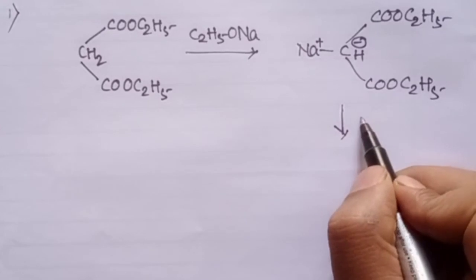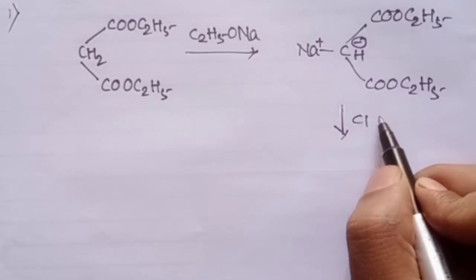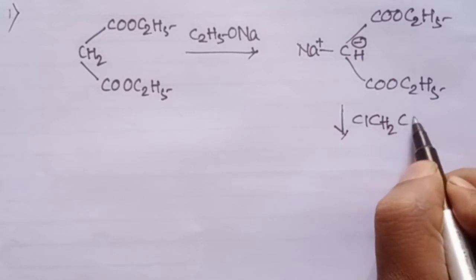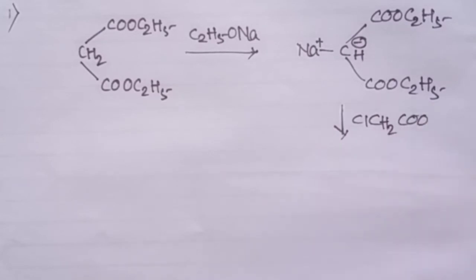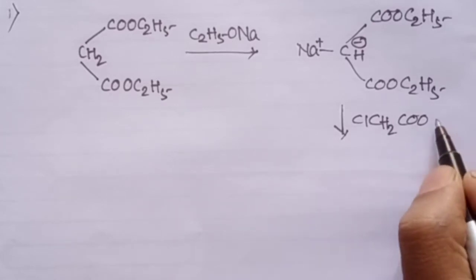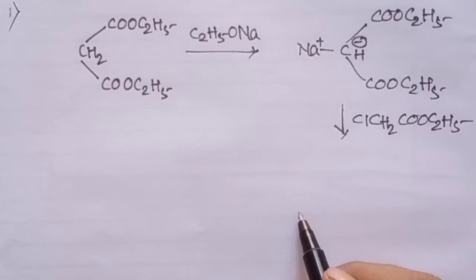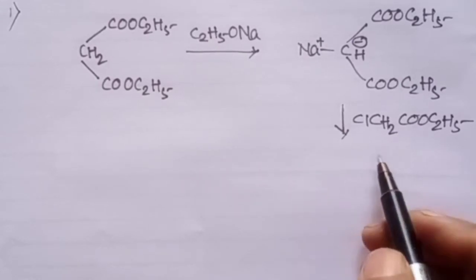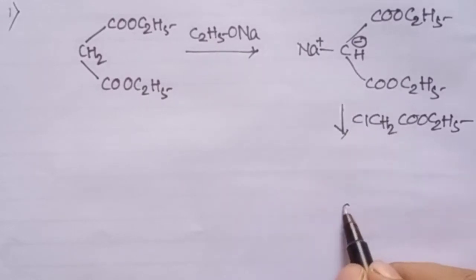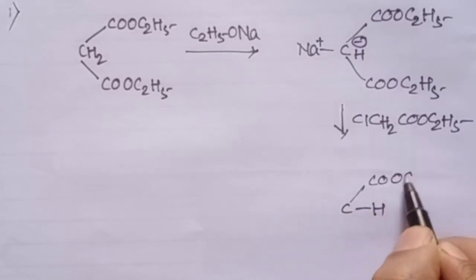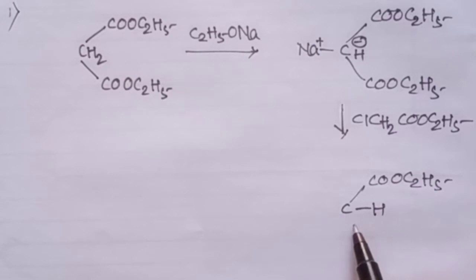Now I am placing a compound ClCH2COOC2H5. Then this one will be removed. COOC2H5 will be here.